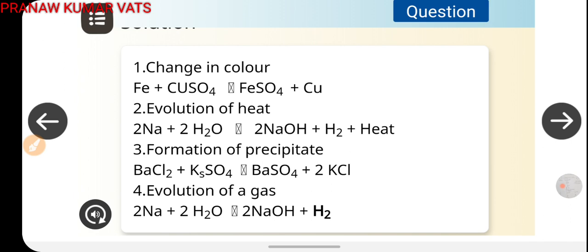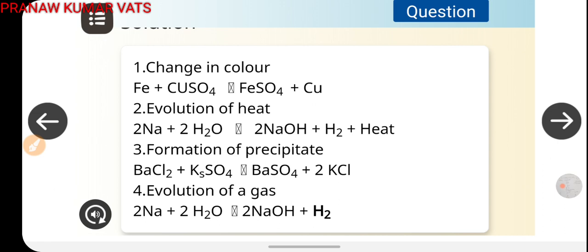Third one is formation of precipitate. When solution of BaCl2 is added into aqueous solution of potassium sulfate, it results in formation of white precipitate of BaSO4 plus potassium chloride. Potassium chloride remains in the solution, but barium sulfate comes out as white precipitate. So this is an example of precipitation reaction.